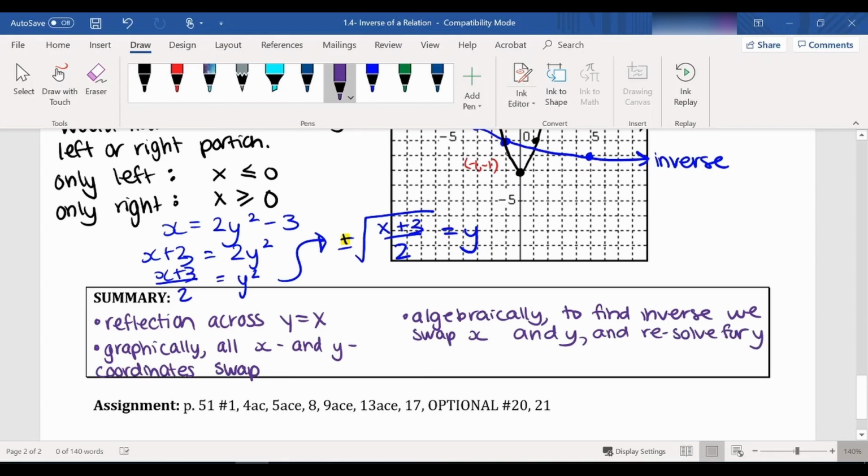Okay. And the domains and range of f of x become the range and domain of the inverse.